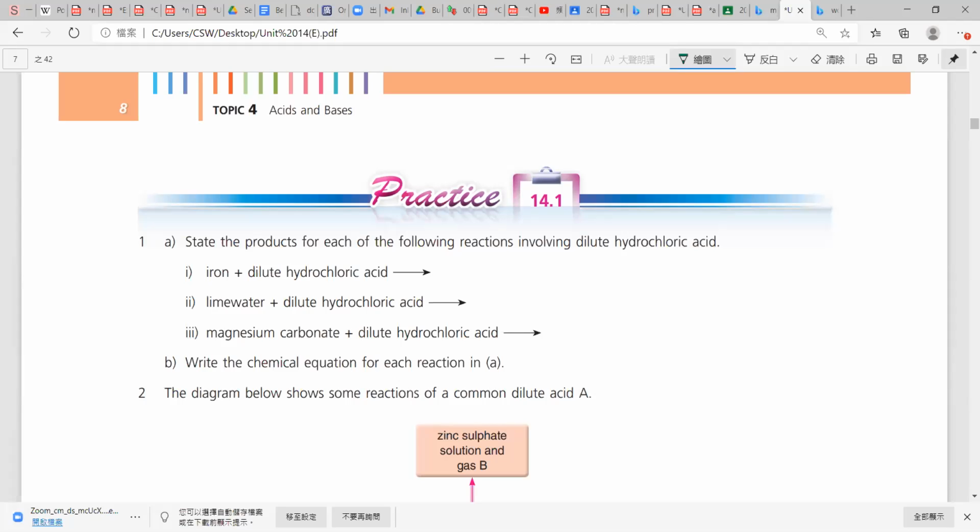The first one is the example. The first one, iron plus hydrochloric acid, what will we form? Iron(II) chloride and hydrogen gas. Okay, can you get the point? So if you want to write down the chemical equation for A1 number 1, it's iron plus hydrochloric acid to form iron(II) chloride plus hydrogen gas. What is meant by ionic equation?